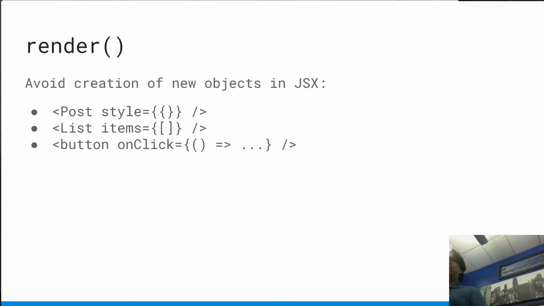So you see this a lot, where people will do arrow functions in JSX, or they'll do style. This is very bad from a performance standpoint. Inline styles in React are incredibly expensive to do. You should avoid them wherever possible.